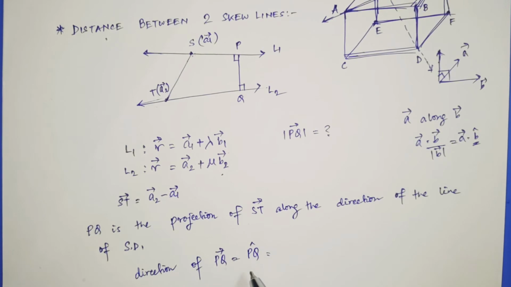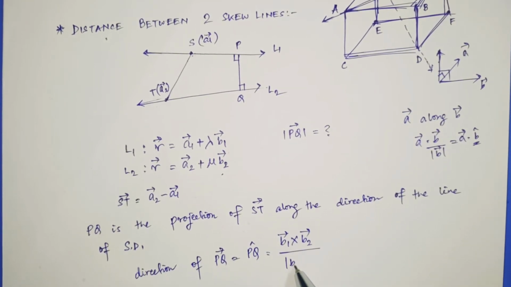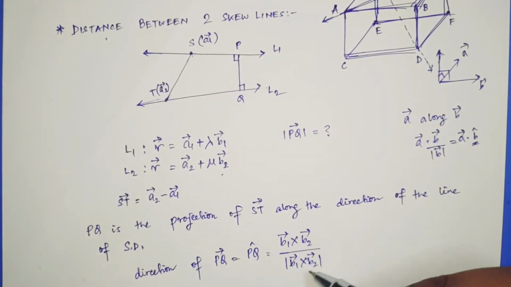Clear? So what will be the direction vector of PQ? It will be nothing but the cross product of B1 and B2. And listen carefully, it's a unit vector, so we divide by the magnitude of B1 cross B2. Understood? So this is the unit vector which gives the direction of the shortest distance.